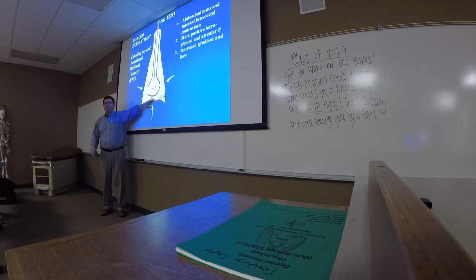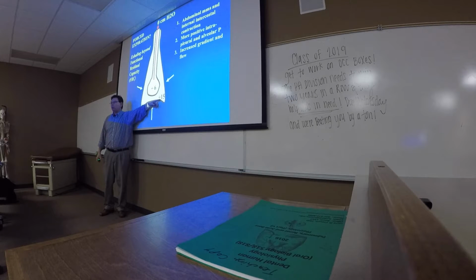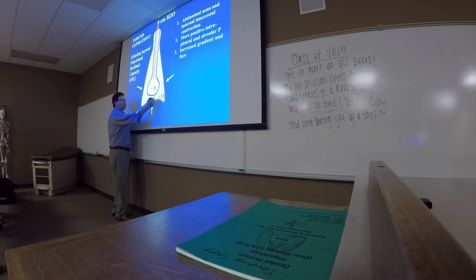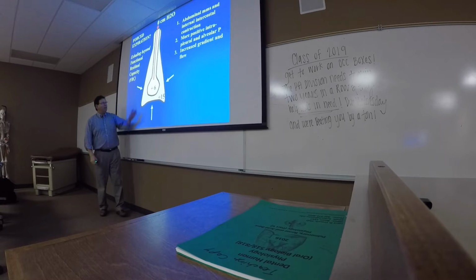If you decrease thoracic cavity volume, what has to happen? Intrapleural pressure has to go up. And that's what happened. Intrapleural pressure goes up. So this is going to be pushing in this direction, and the alveoli already want to snap down anyway. So what does a forced expiration do? It pressurizes alveolar gas, causing air to flow out.